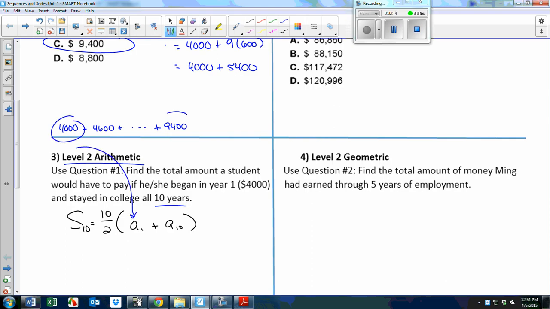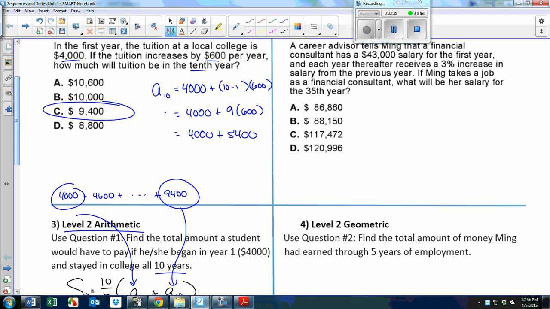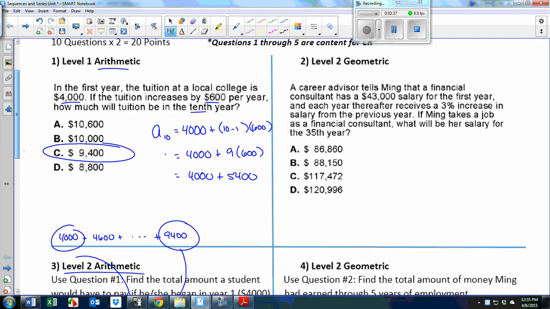We found the 10th term, 9,400. So it will equal 10 divided by 2 times 4,000 plus 9,400, which is 5 times 13,400, which gives you 67,000. That's the arithmetic series formula in action.